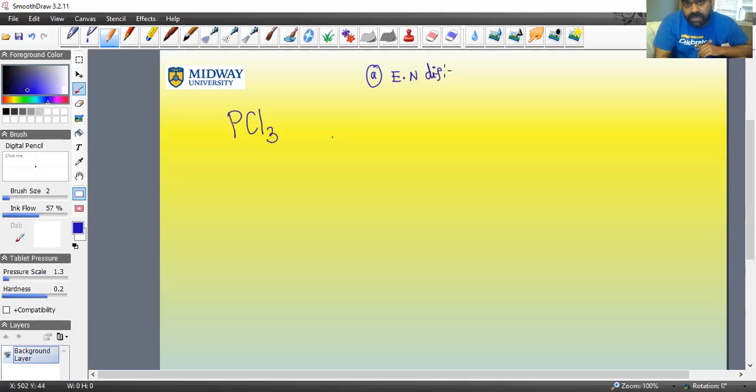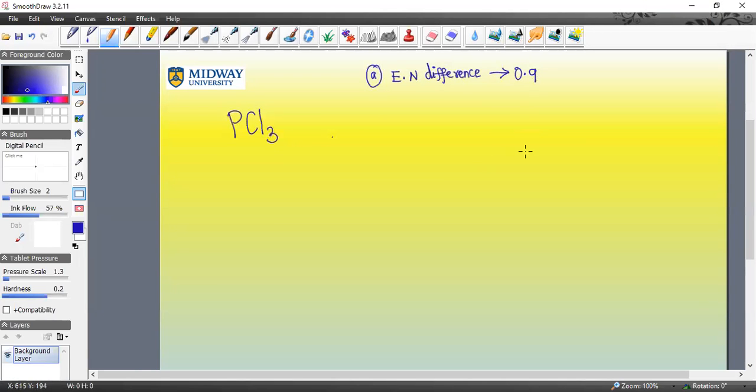If you go to the electronegativity table that I have given, you can calculate it. What is the electronegativity difference between phosphorus and chlorine? 0.9. All right, very good. So that difference turned out to be 0.9, right?